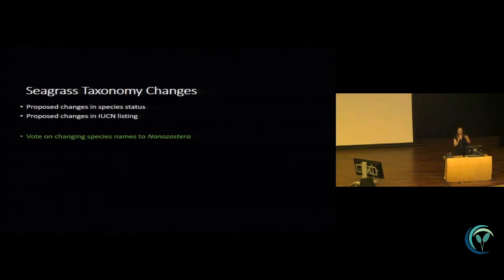But Nanozostera Zostera is the more interesting one, and it is more about trying to change it for people who've called it Zostera noltii for this long. What's the point of changing it? I think that's Rob Coles's argument. Why would you even bother? We've got all these other discrepancies. Yeah, in the taxonomy, this isn't a high priority issue.